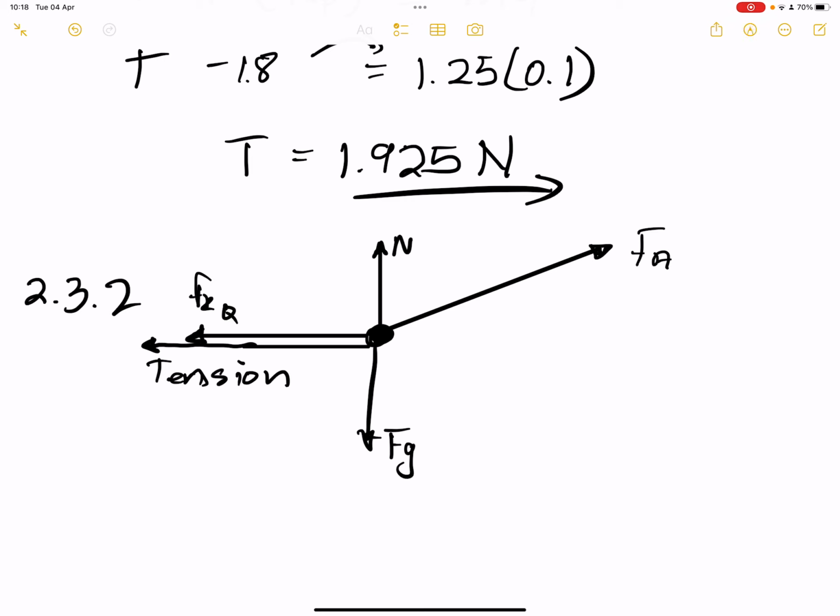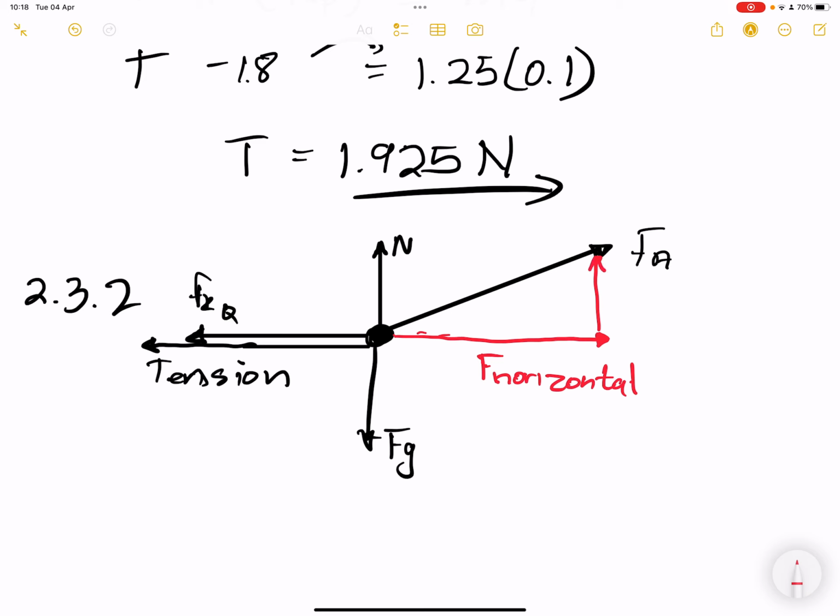Now, the only issue, ladies and gents, is that when I draw this free body diagram, you'll notice that we've got a force that is neither horizontal nor vertical. It's actually acting at an angle, right? So what do we do? We always reduce that force into components, the vertical component and the horizontal component. So this is the horizontal component of F, and it also would have a vertical component, right?